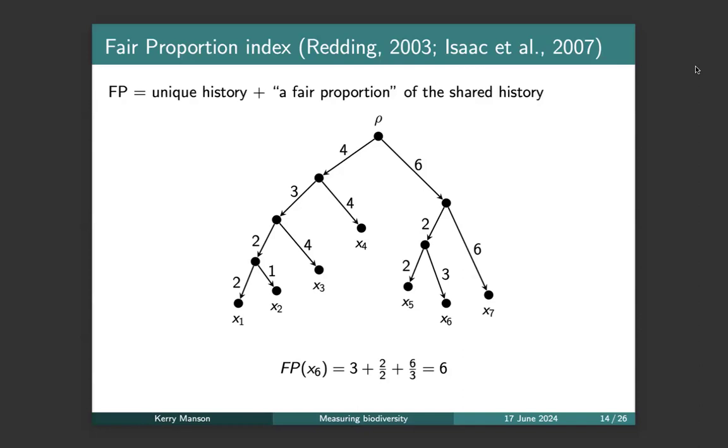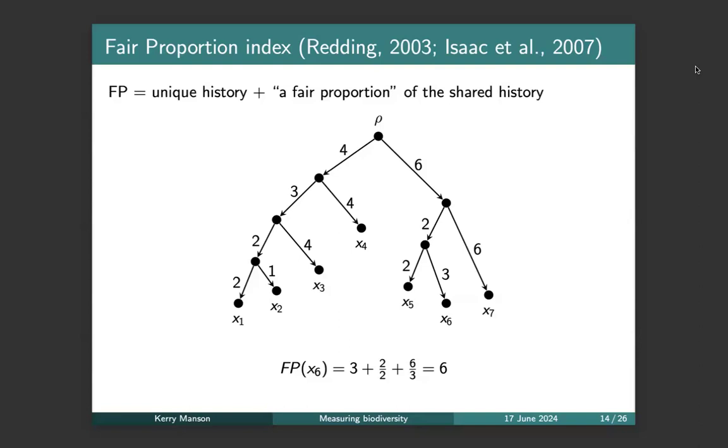This branch with length 2, well, that's split into 2. There's 2 species that embody the features that were developed, or the evolutionary change that was developed along that branch. And so we'll divide that value by 2 and add it on to our running total. And then this edge 6 is shared between those 3.